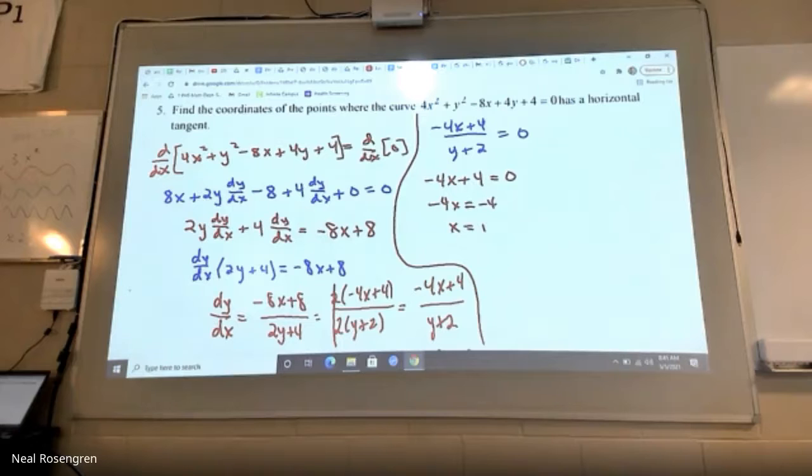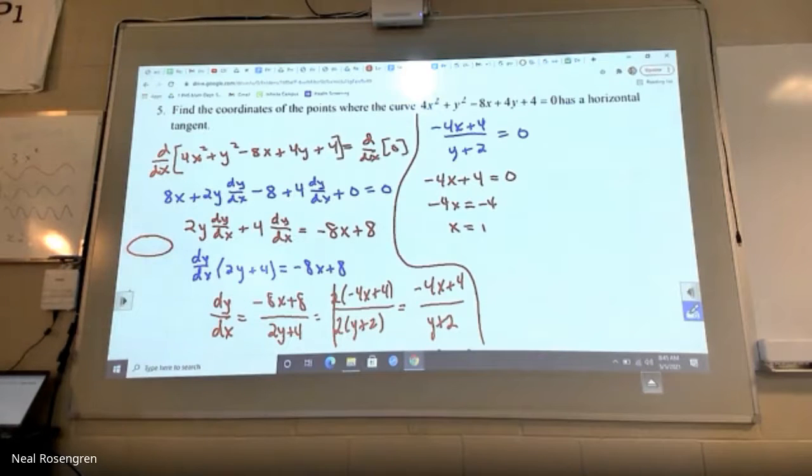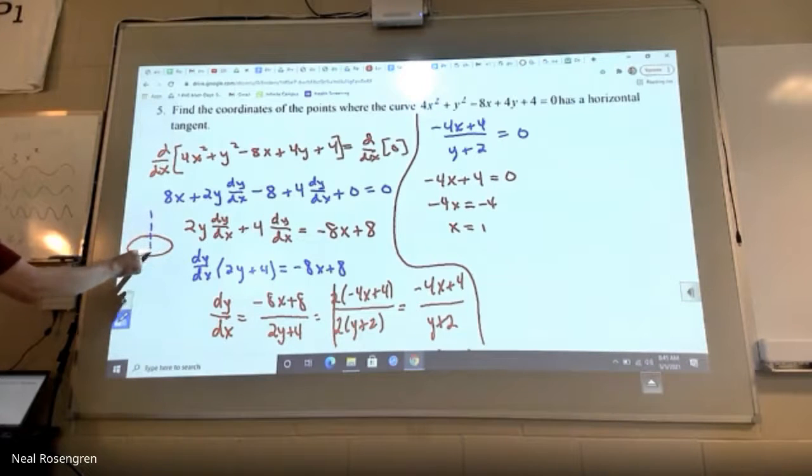But remember what this picture looks like. Based on what we've got, it's probably a picture that looks like this. So I'm guessing that x equals 1 is probably this spot right there. It should be the only spot where this graph is flattened out for a second, a max or a min.